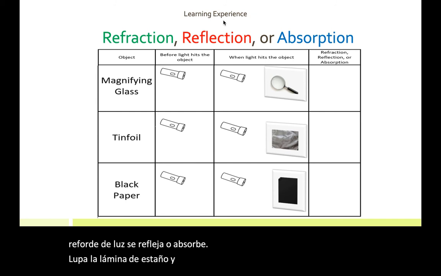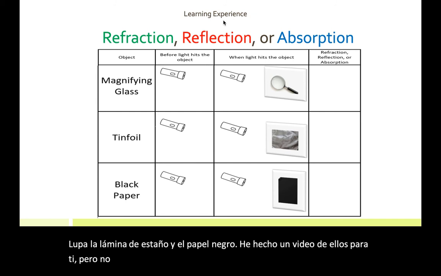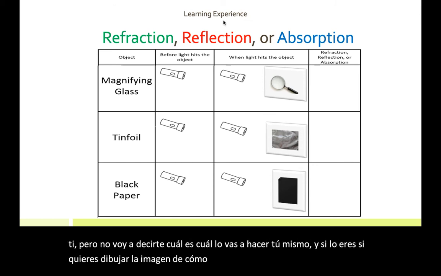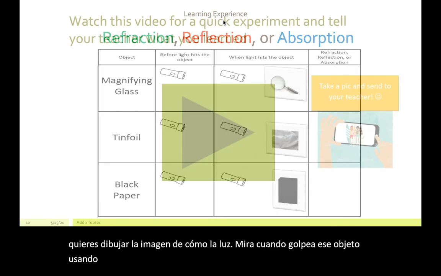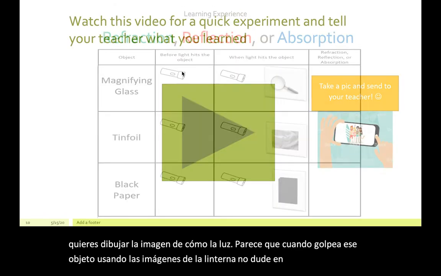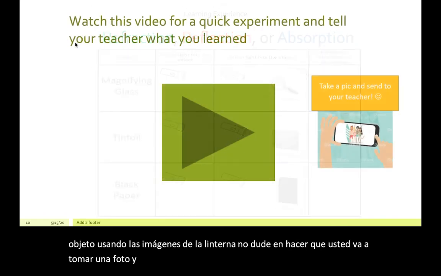I've made a video of them for you, but I'm not going to tell you which is which. You're going to do it yourself. If you want to draw a picture of how the light looks when it hits that object, using the flashlight pictures, feel free to do that. And you're going to take a picture and send it to your teacher. If I can get this video to work.